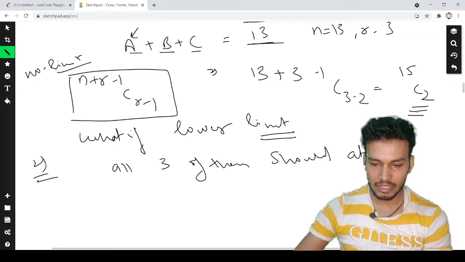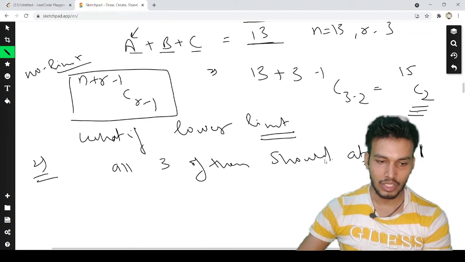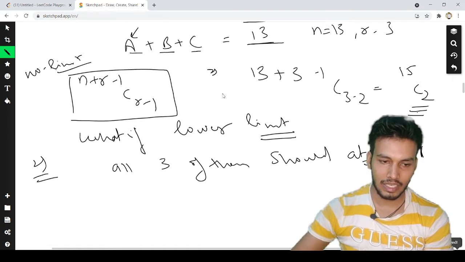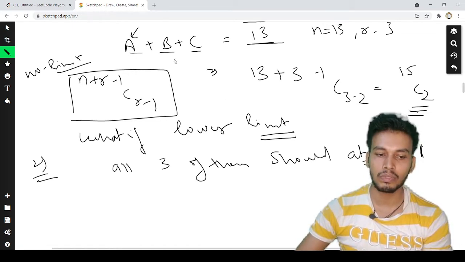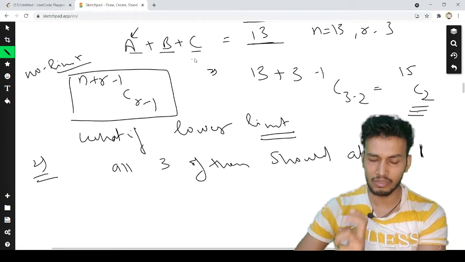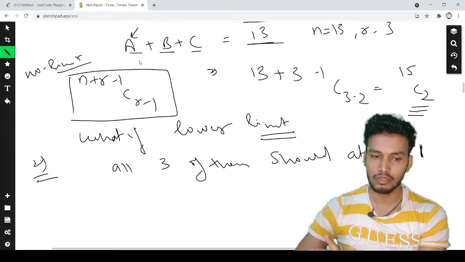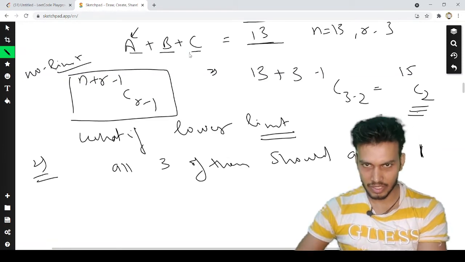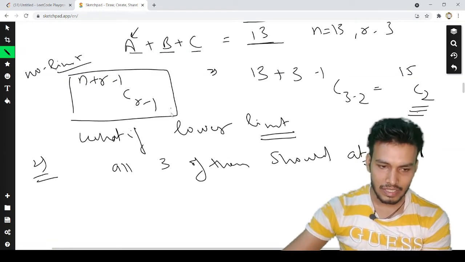There will be this phrase, at least one. Or it may say that A should get at least one, B should get at least three, C should get at least two. So the at least condition could be different for different persons, and in that case as well it will work.